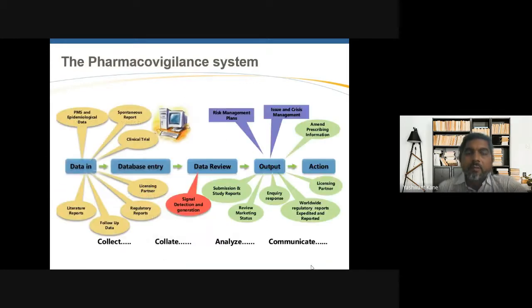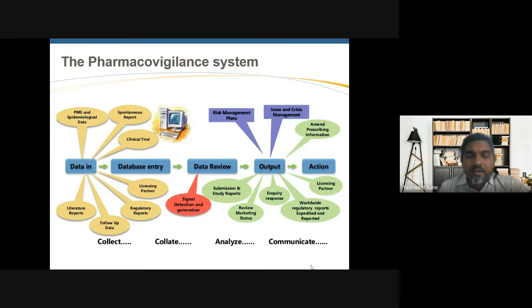Okay, now coming to the pharmacovigilance system. So I'm going in a zigzag manner, so that I can give you the importance. And once you understand the importance, you will also understand why this is done, and I'll also tell you how it can be done. So if you see the current evolving companies or the giants, Microsoft, Google, any AI based companies, there is data in and there is an output, or action.